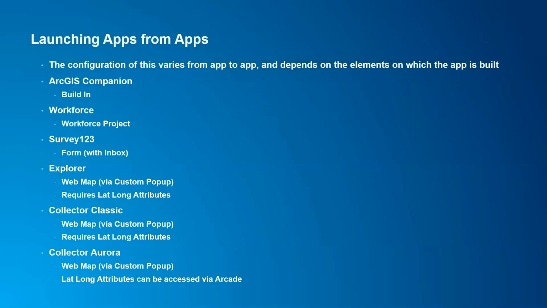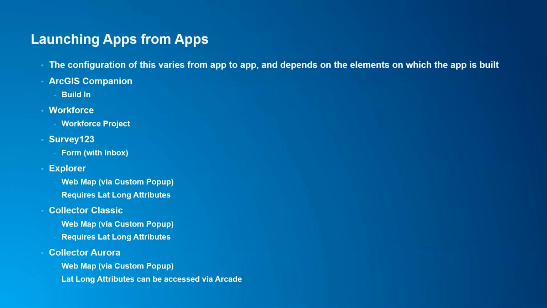The one thing about Explorer and Collector Classic is that you have to populate lat long values as attributes. It means you have to have attributes of the XY of the lat longs and use those attributes to pass into the other apps. But that means they're static, and if you move a point or add a new point, they don't get added automatically.